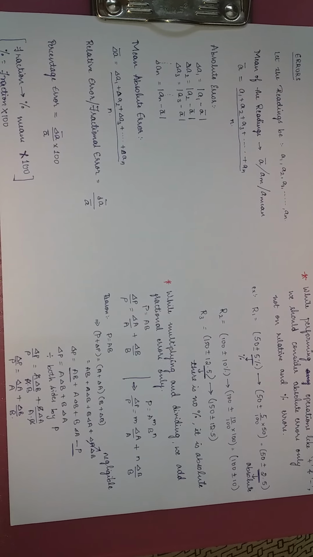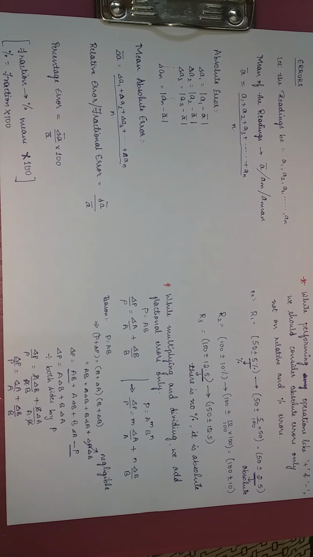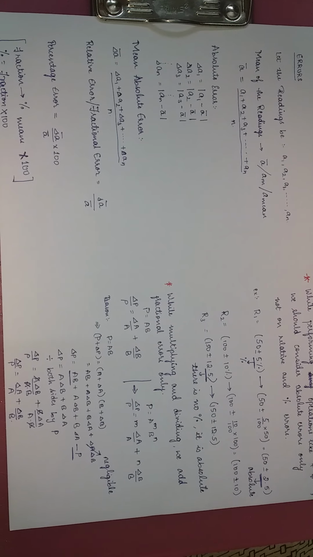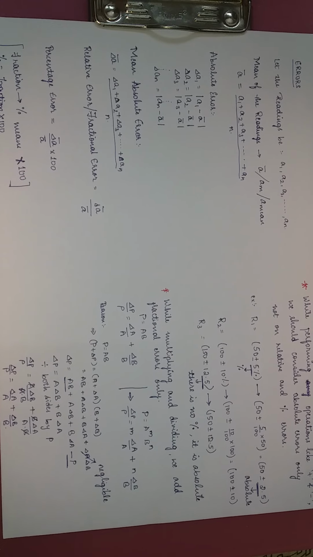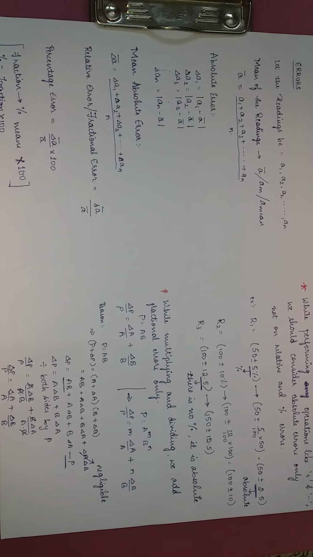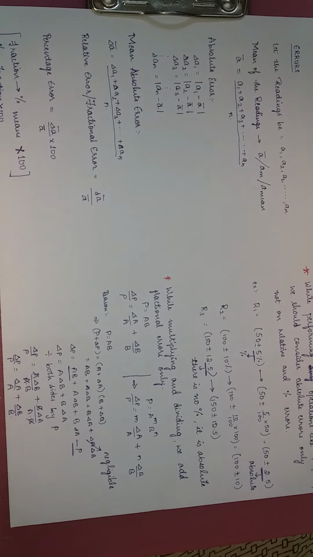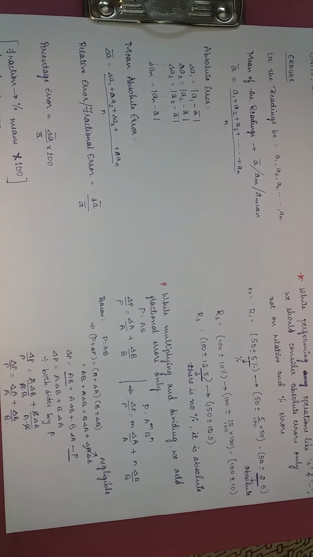Now before taking this concept, to check the errors, you first need some readings. So let us consider those readings to be A1, A2, A3 and so on till AN. Now first we will have to see the mean of the readings.